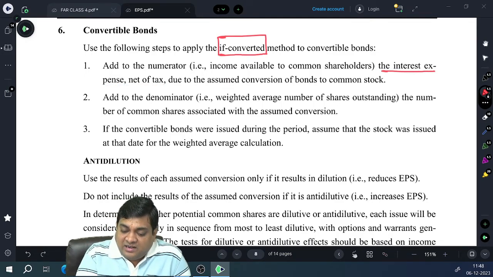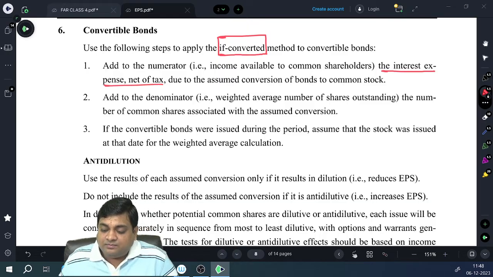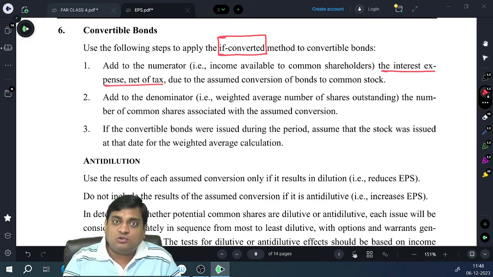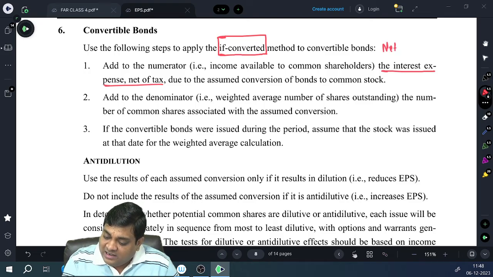As preferred dividend is paid after we pay income tax, when there's a saving of preferred dividend, there is no tax savings, because anyway after paying tax you are allocating it, right? But when you are not paying interest, your tax liability will increase. If this is not an expense, you will report more net income, so as a result your tax liability will increase.